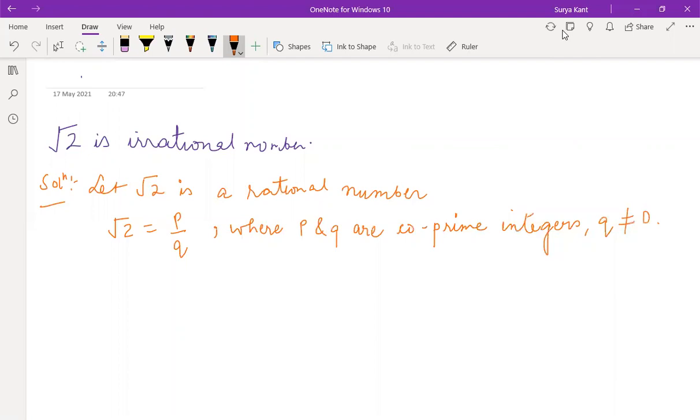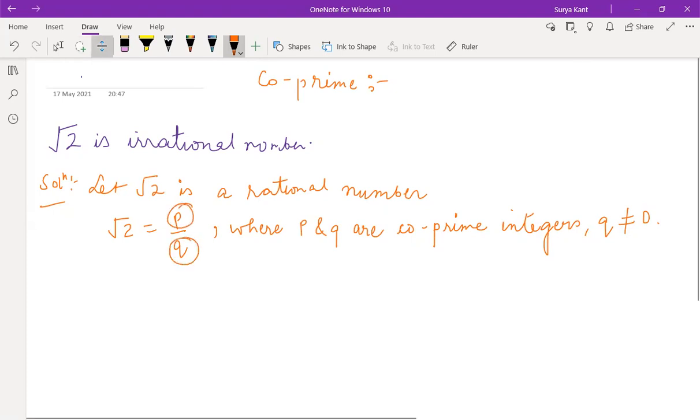What are co-prime, children? I told you in the last class, I think. Two numbers whose only common factor is one. Mainly we have to show that this p and q will have another common factor other than one.